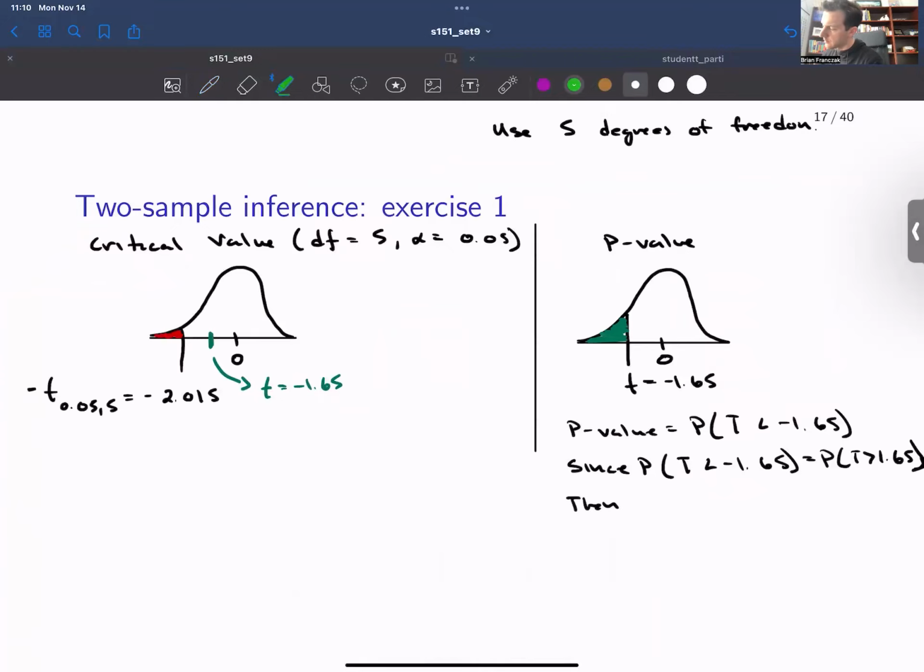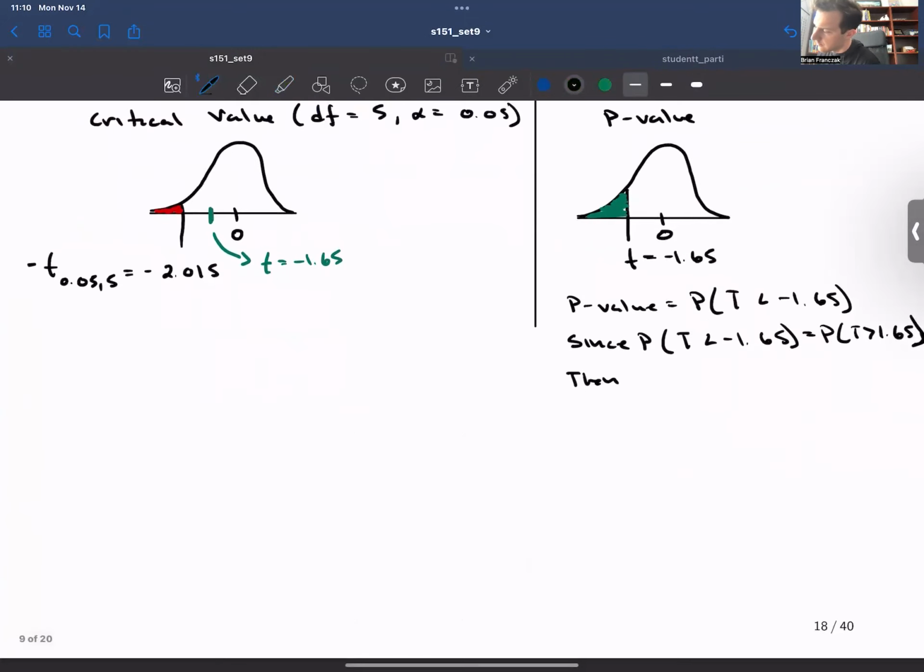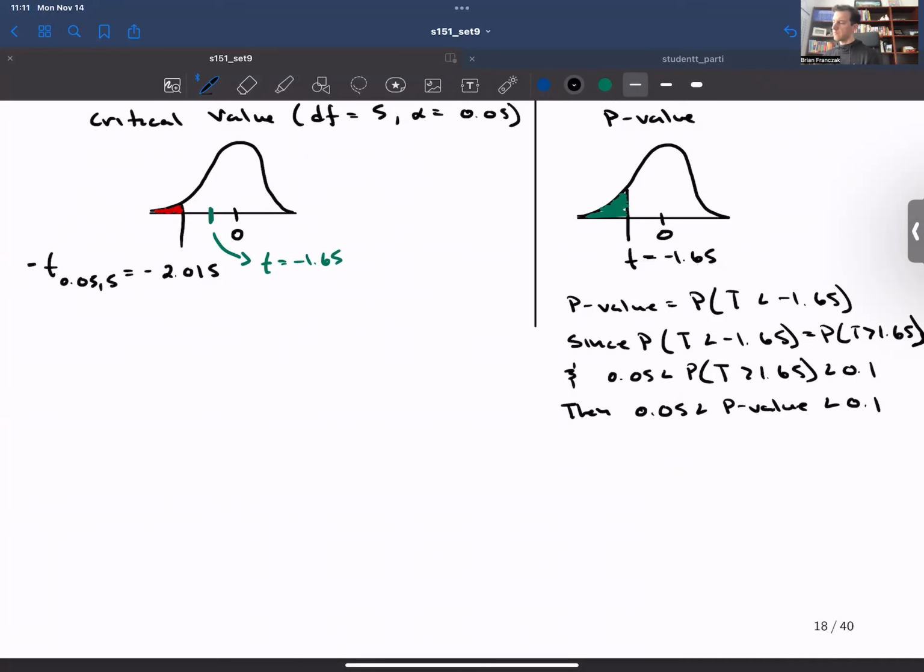Right, so here we would say, since the probability that t is less than negative 1.65 is equal to the probability that t is greater than 1.65, and 0.05 is less than the probability that t exceeds 1.65 is less than 0.1, then 0.05 is less than the p-value is less than 0.1.